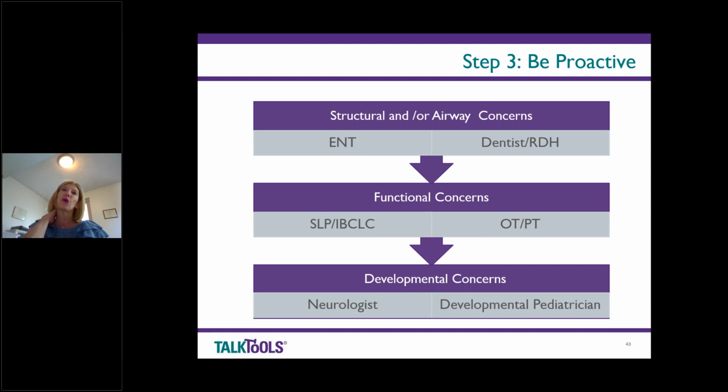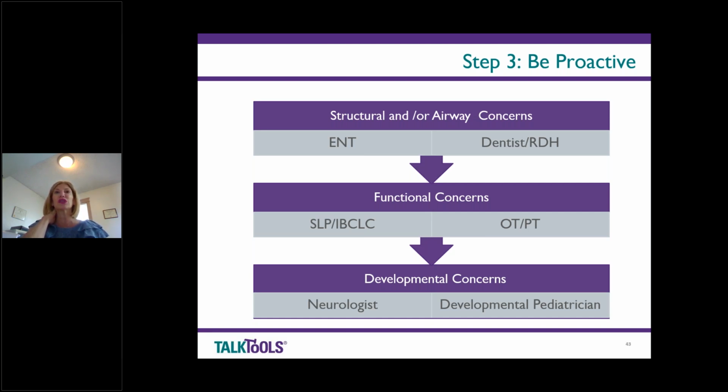But we can also refer if we have a really good dentist, pediatric dentist, or registered dental hygienist that has training in orofacial myology, to look and see what these structural concerns may be and what needs to be done.